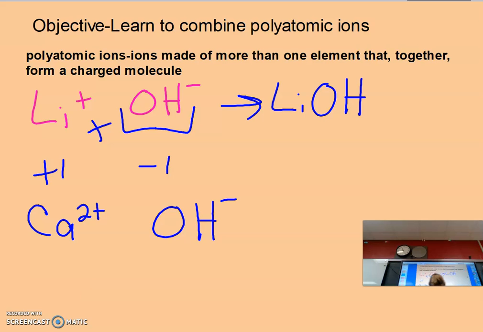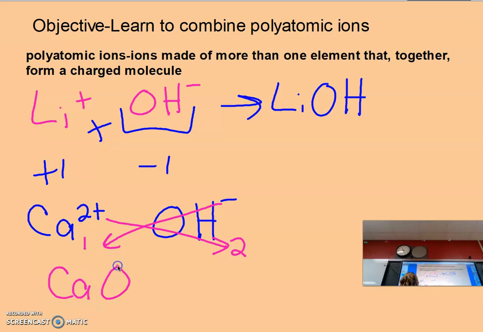So I can use the crossover method. I can put a 2 down here. This is a 1. Remember, we don't write the 1, but I like to keep track of it. So I have 1 calcium, but I have 2 of these hydroxide polyatomic ions.